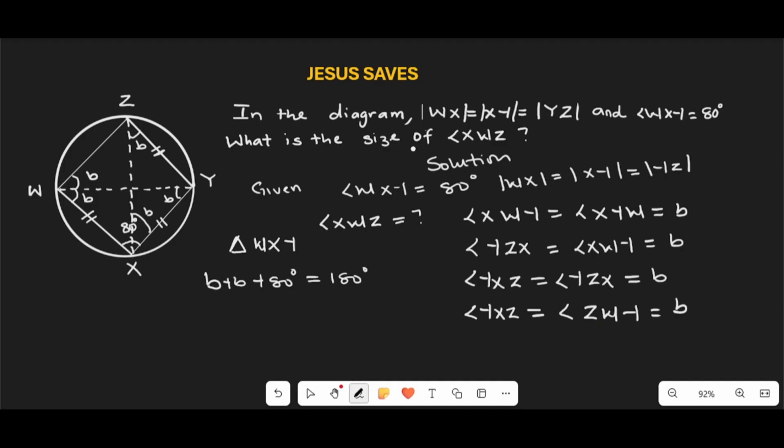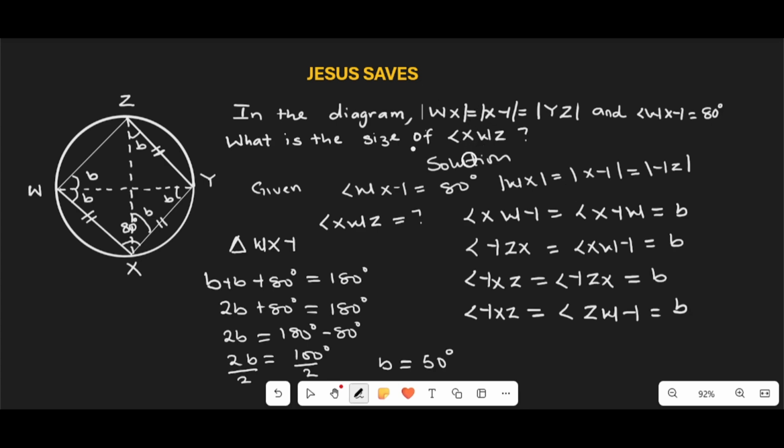B plus B will give us 2B plus 80 degrees equal to 180 degrees. 2B equal to 180 degrees minus 80 degrees. 2B equal to 100 degrees. If we divide both sides by 2, B equal to 50 degrees.